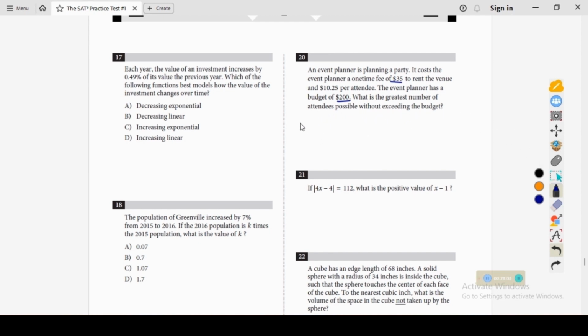Since the budget is $200, just subtract the one-time fee, that is $35, and it becomes $165. And since the fee per attendee is $10.25, just divide 165 by 10.25.